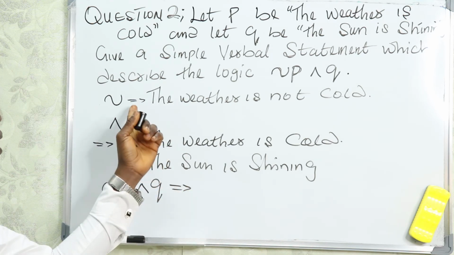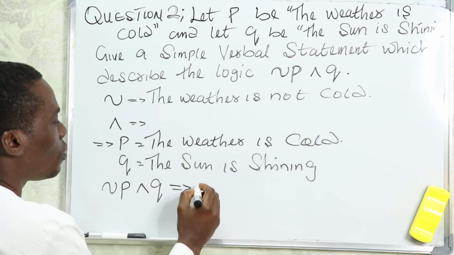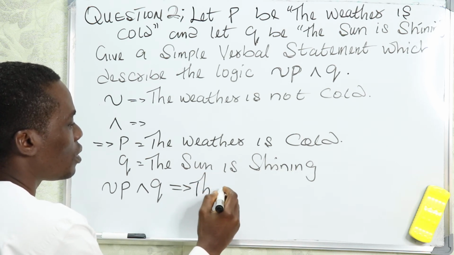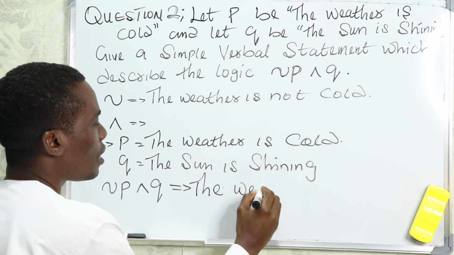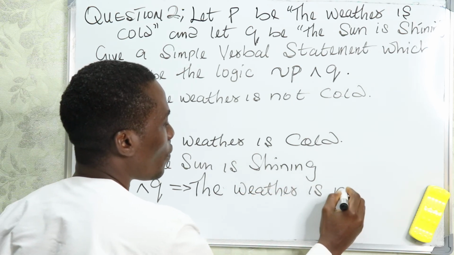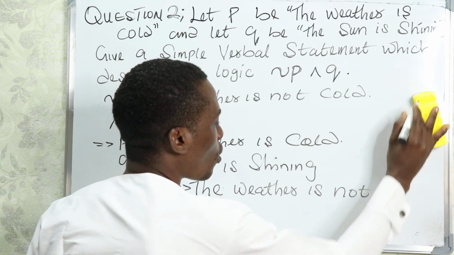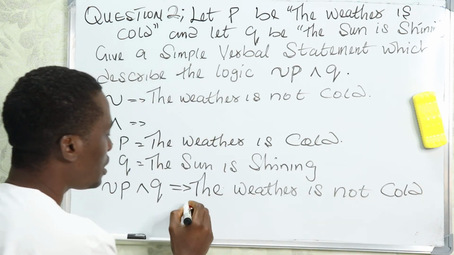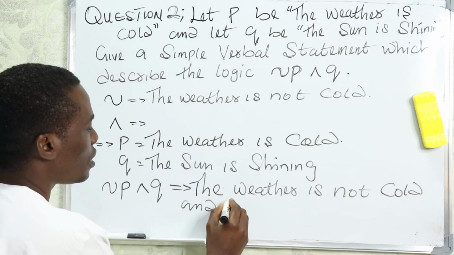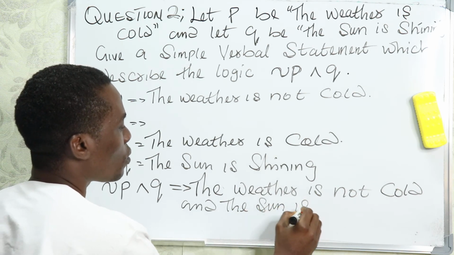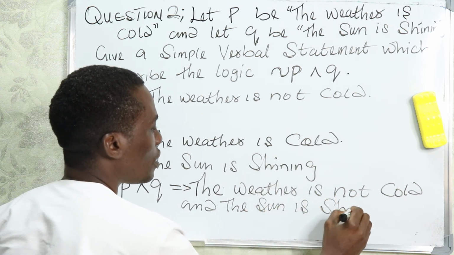So, negation of P conjunction Q is equal to: the negation of P is the weather is not cold, and the sun is shining.